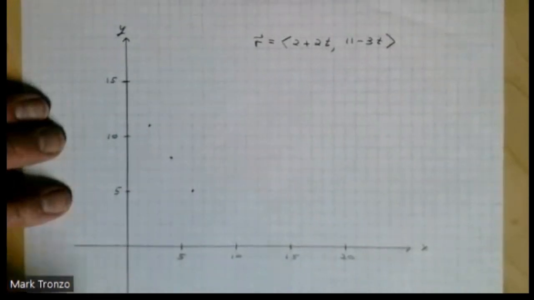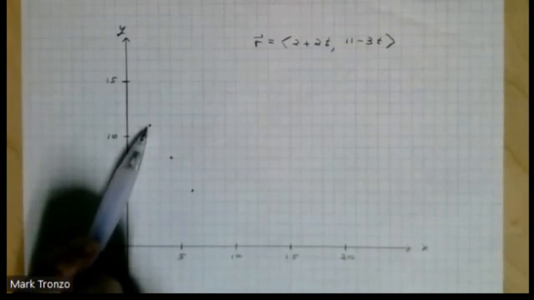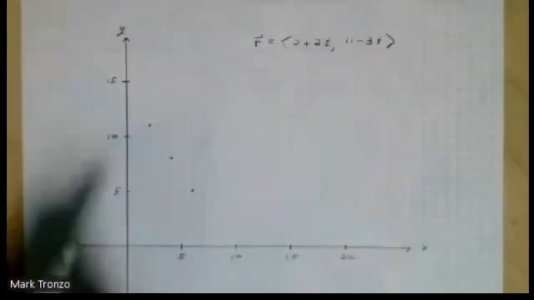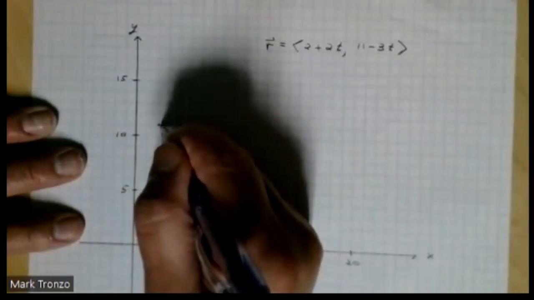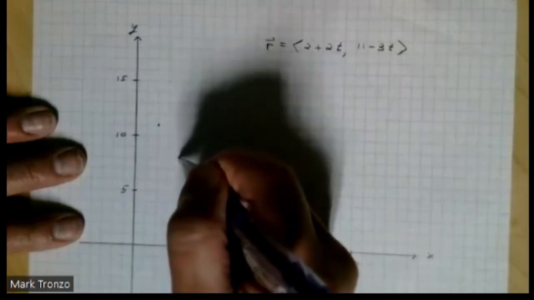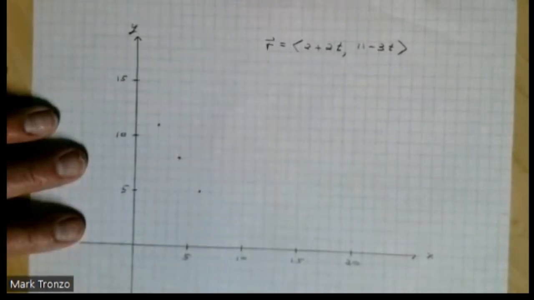Now you could also plot this by noting that we know the line goes through the point (2, 11), and it has a direction vector of <2, -3>. So if we started at that point (2, 11) and went to the right 2 and down 3, we get that point. To the right 2 and down 3, we get that point, and so on and so forth.